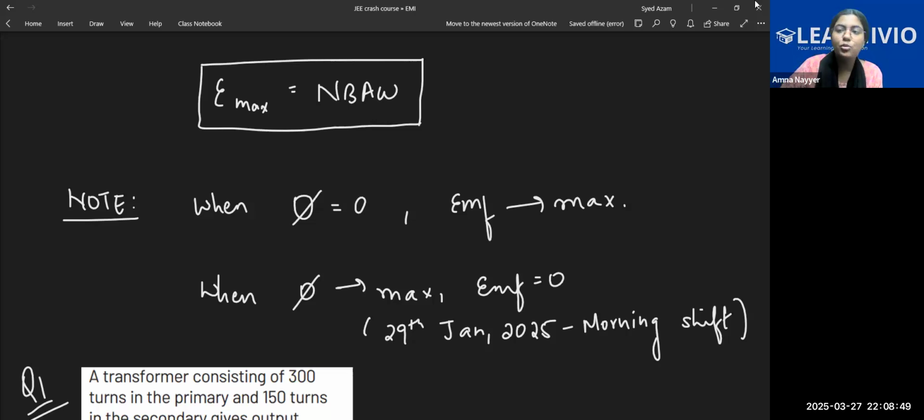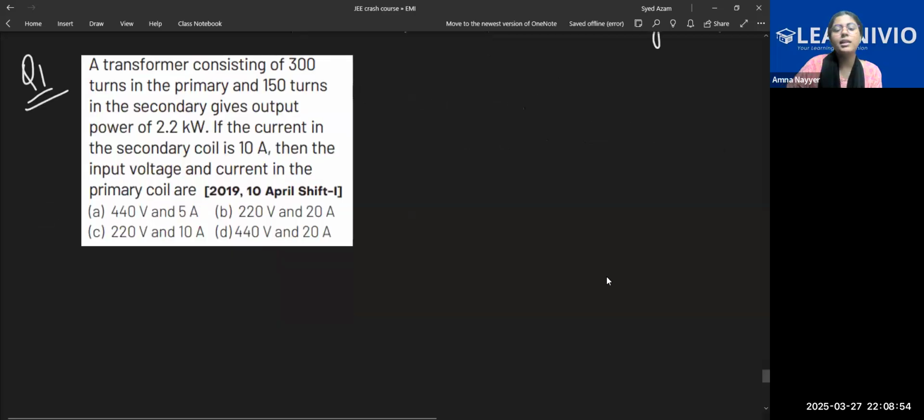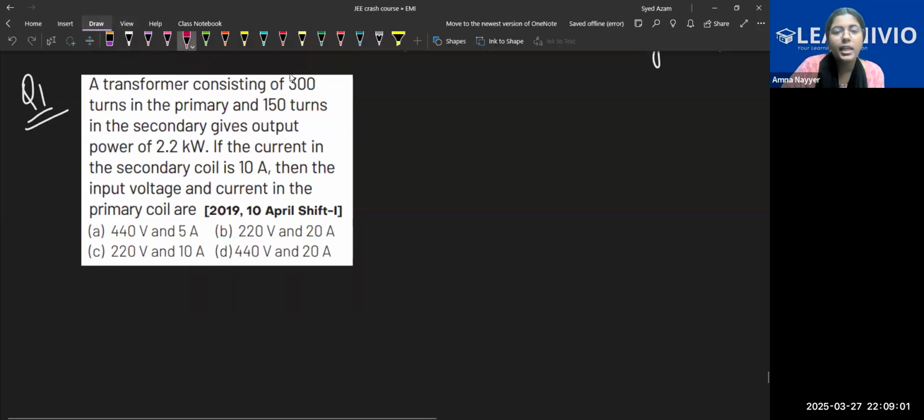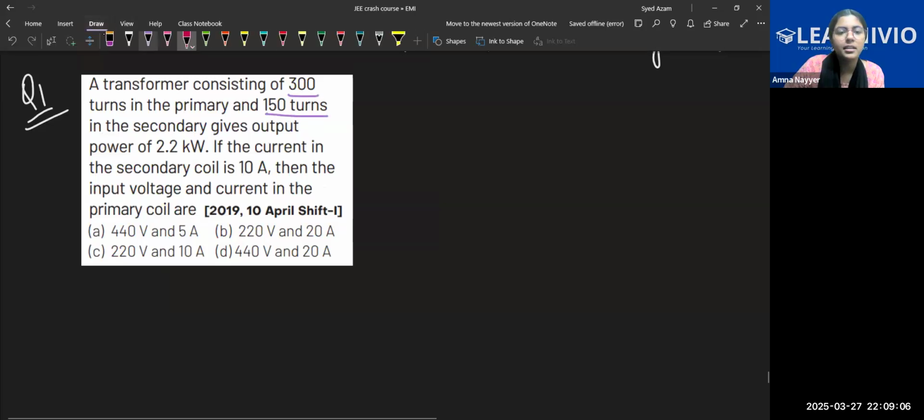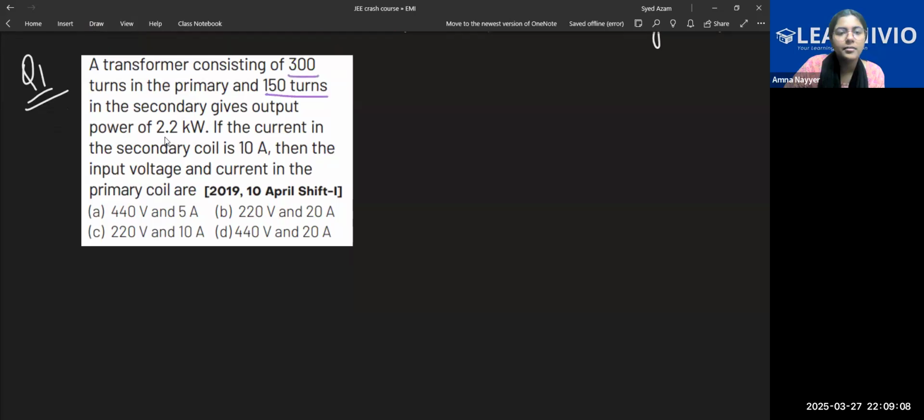Okay. Let's do one question on transformer and one question on AC generator. So this question says that a transformer consisting of 300 turns in the primary coil and 150 turns in the secondary gives output power, so P2 is given to you.